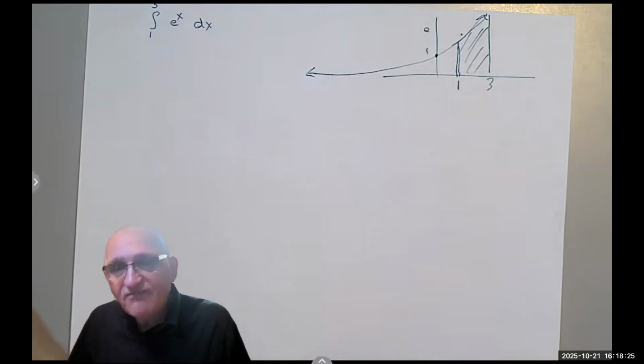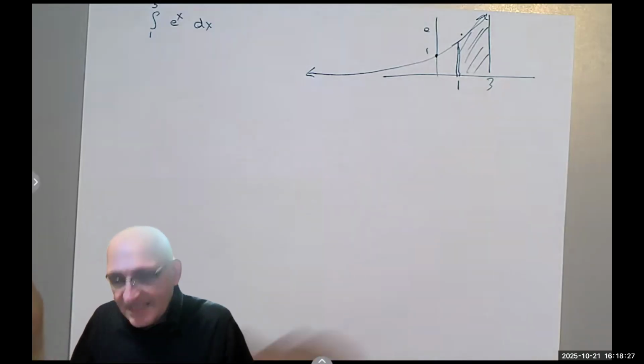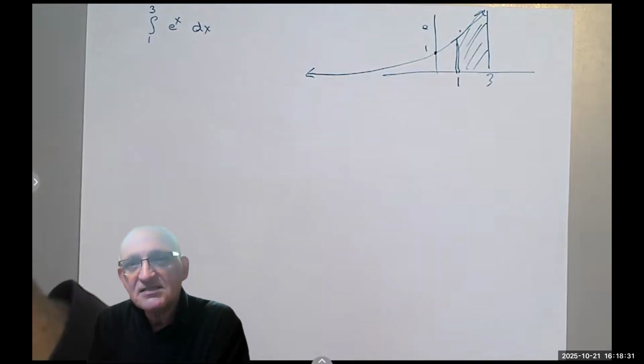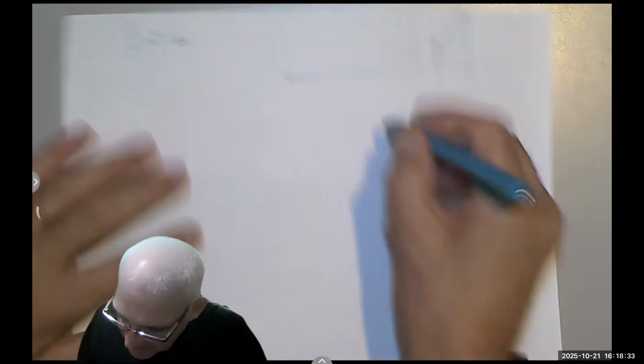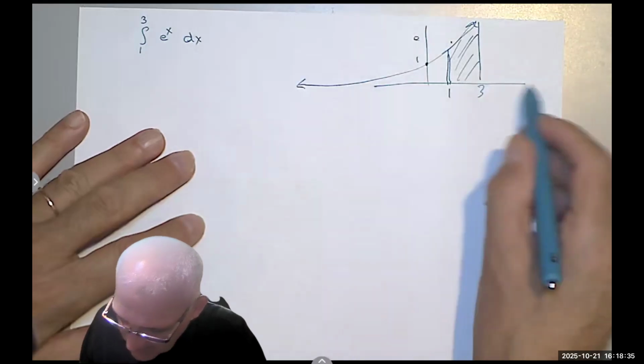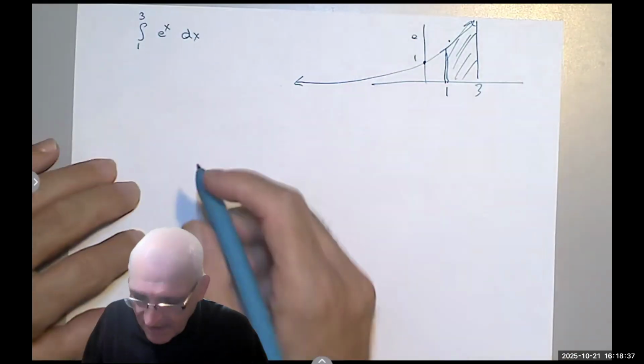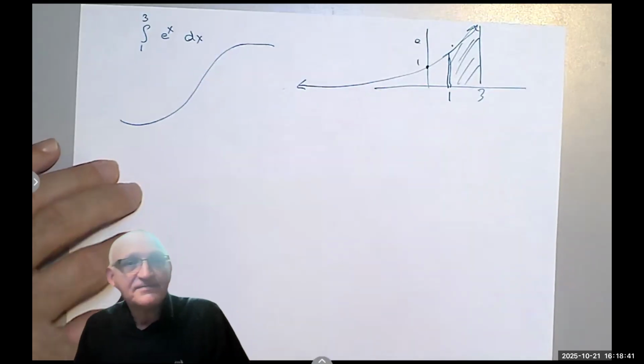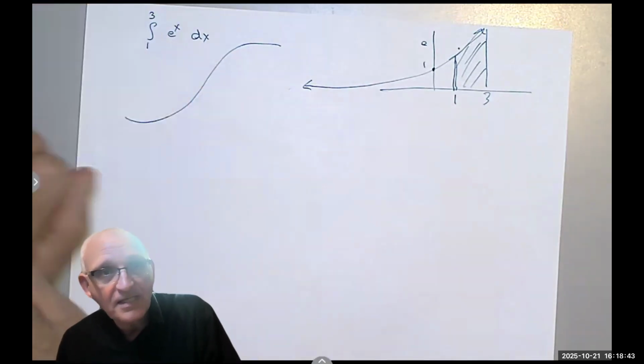Now, what if I tell you that we have the same function, but it's not dx? Instead of this being the base, I have some kind of a graph, and this graph goes something like that. And I have its function, okay?